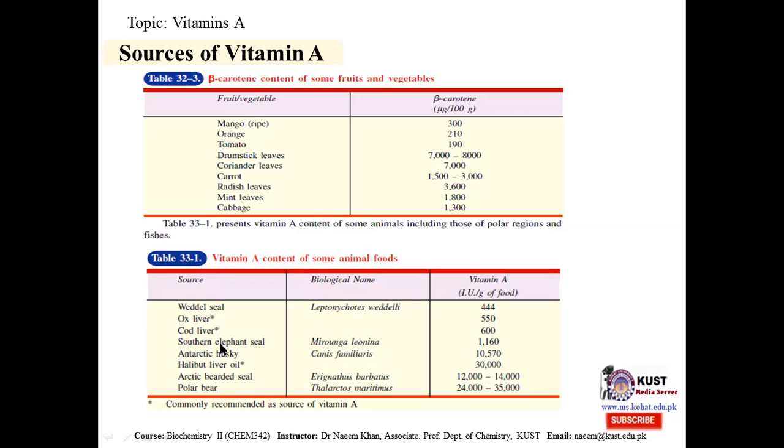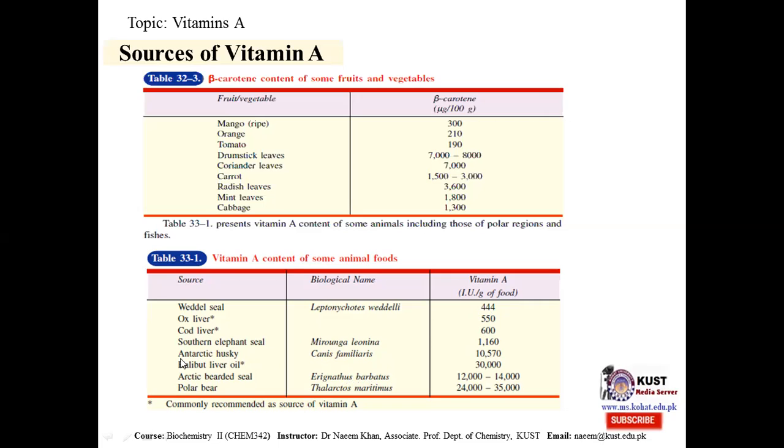Cod liver oil is used as the recommended source of vitamin A and contains 600 international units per gram. One international unit we will discuss in later slides. Similarly, other sources are also available here.